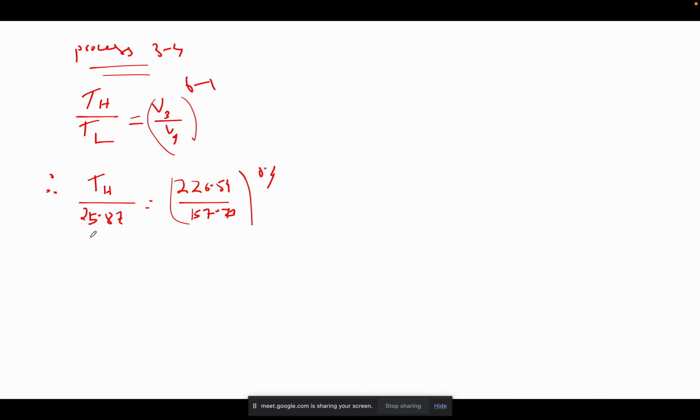Now from here TH is equal to 29.901 Kelvin.